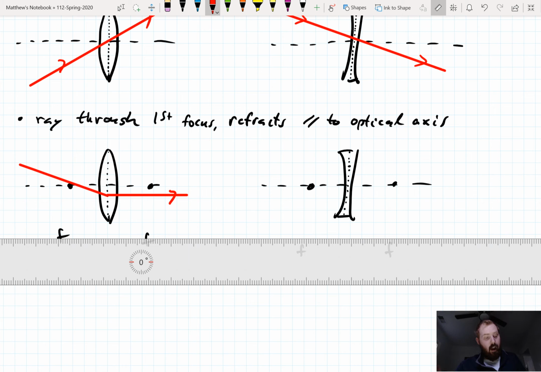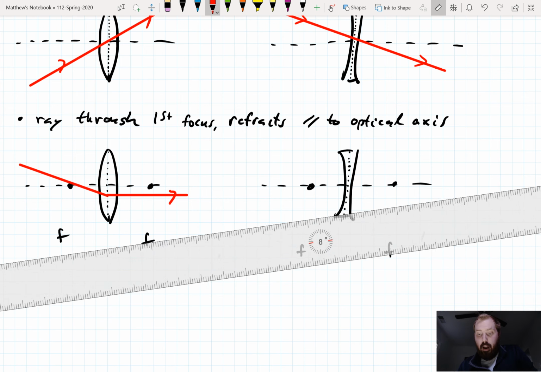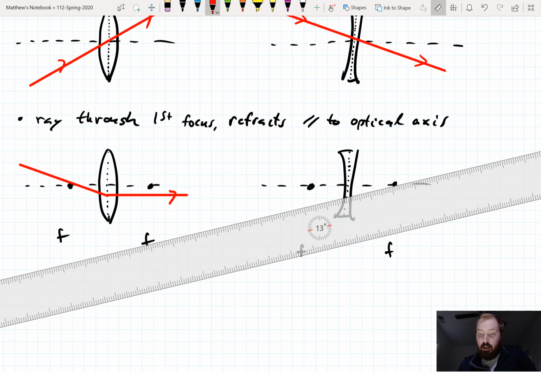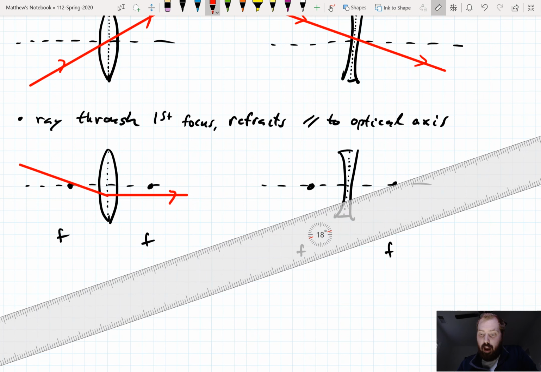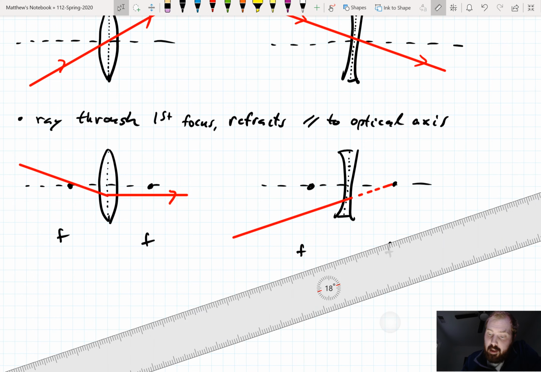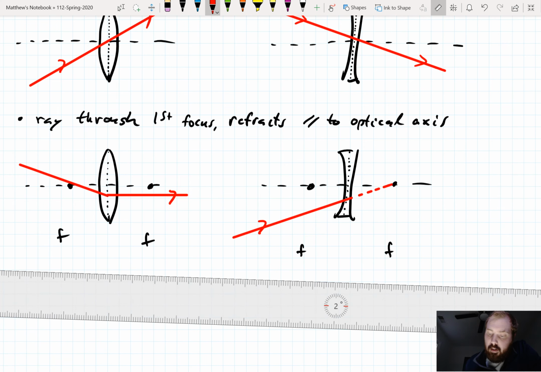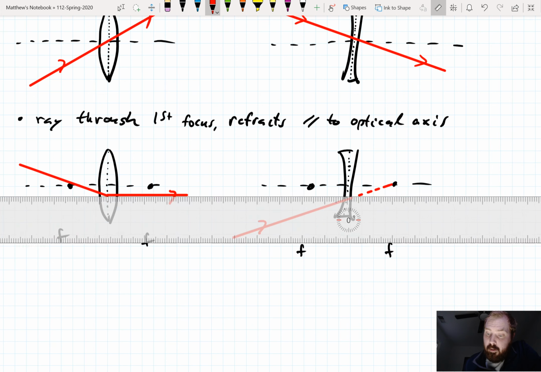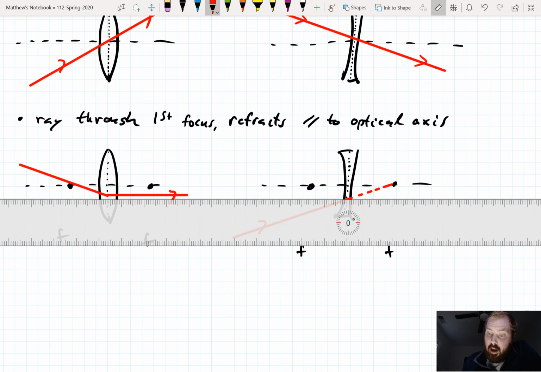What about this guy for the diverging lens? Well, that means that you are aimed like that. Let's go nice and extreme. Right? Because the first focus is along the opposite side of the lens for the diverging. So you're aimed there, which means you come in at this angle, and then you refract out in a nice straight line.